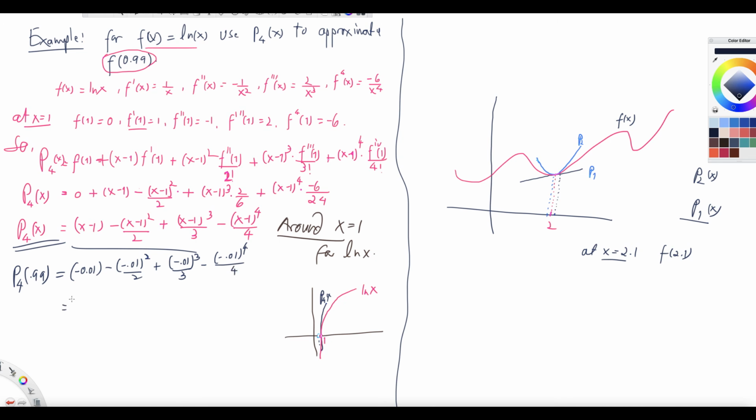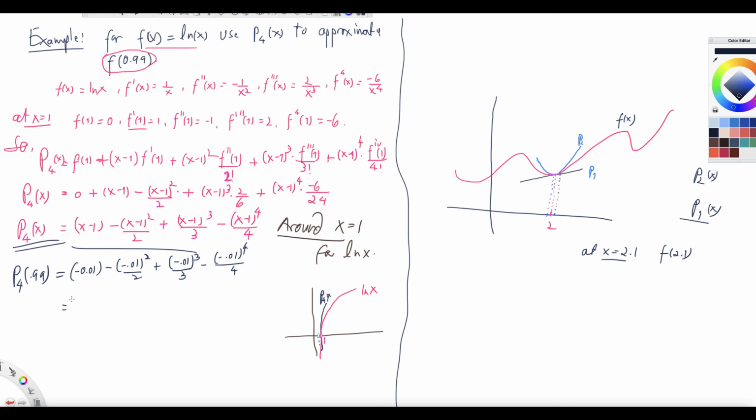So you get negative 0.01, minus 0.01 squared divided by 2, and then again minus 0.01 cubed divided by 3. And the last one will be minus again, because negative 0.01 to the 4th is positive 0.01 to the 4th, divided by 4.